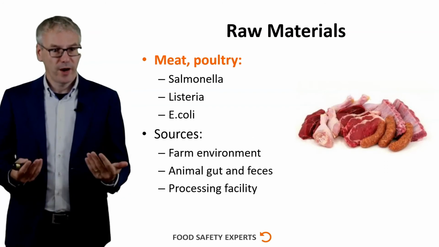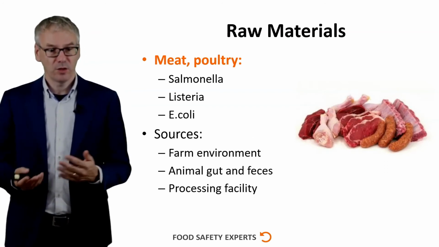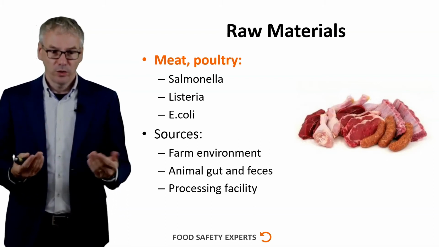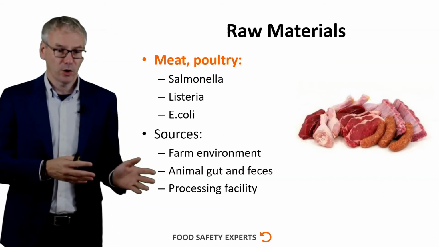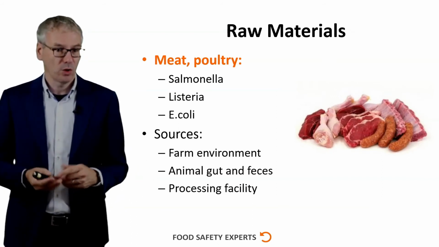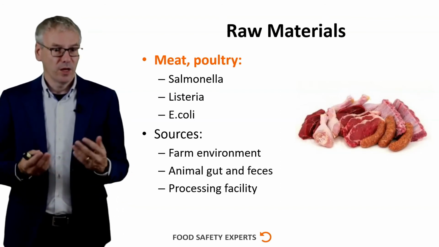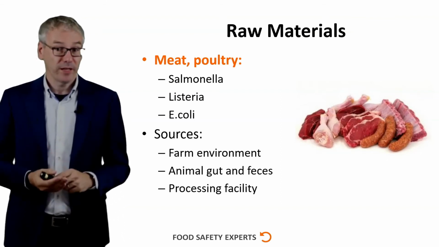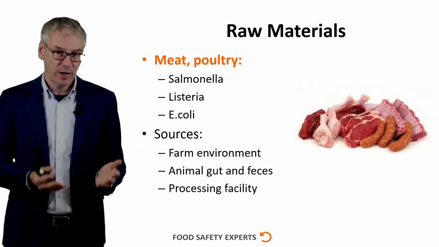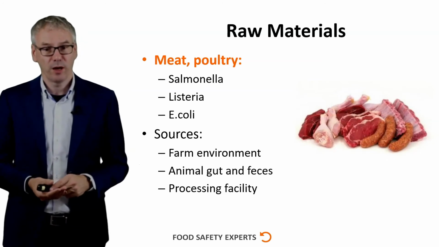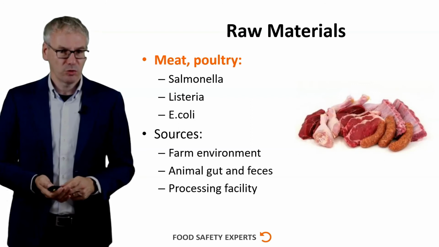Also there you could get a source of salmonella, listeria and E. coli, because all these bacteria have a tendency to harbor in the environment, as we'll see later on. Quite often meat processing plants and abattoirs do have some pests, in the sense that they have a presence of E. coli, listeria or salmonella that in the end might potentially end up in the product stream.